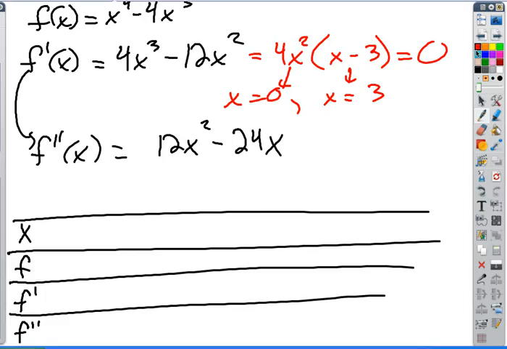We've got critical numbers at x equals 0 and at x equals 3. Those are places where the first derivative was equal to 0, right? Those are potential... well, they are critical numbers. First derivative we're mostly concerned with extrema. Those are potential extrema, right? Could be maxima or minima, right? Or both.